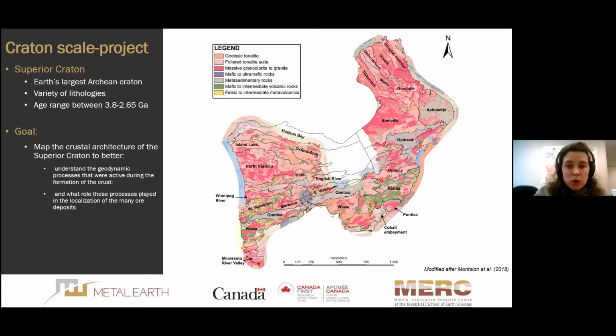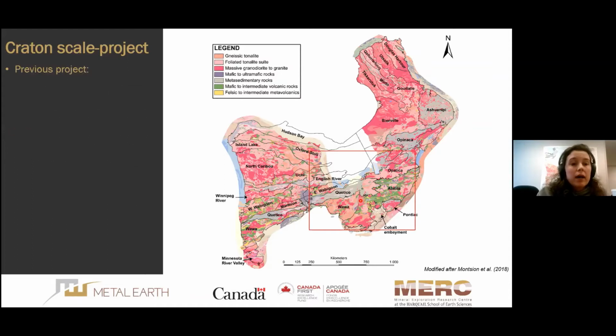As we know, the Abitibi terrane is one of the world's richest terranes in terms of mineral endowment, so we're also looking into what role these geodynamic processes played in the localization of the many ore deposits.